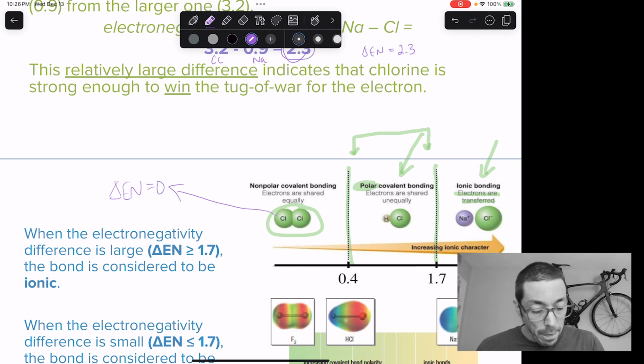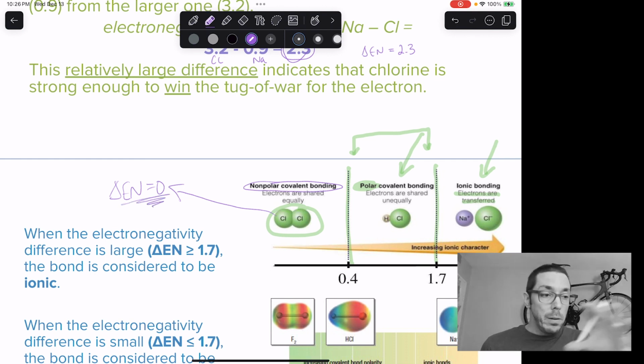So this is what we call nonpolar covalent bonding. So we're sharing the electrons, and it's not polar because they are shared perfectly equally. And we know that because of this value here. There's no electrons being pulled to one side or the other. They're just shared totally equally because those two atoms have the same electronegativity value.